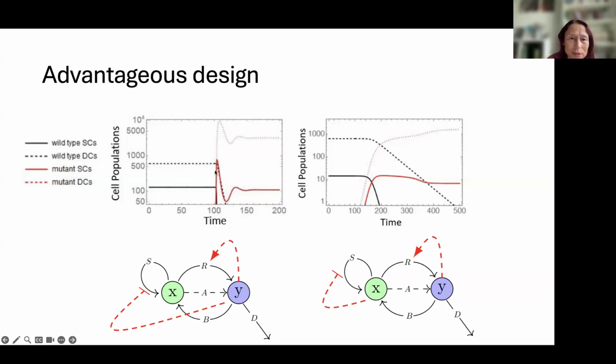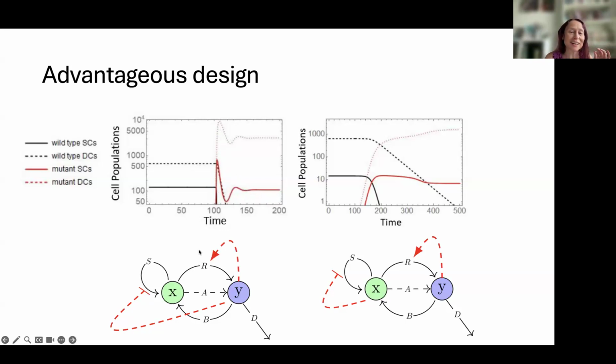And you can see that even the mutant will drive the normal cells away, okay? Now there are mutant cells. But you can see that things don't go to infinity, and that's good. And also, you can see that even though the number of differentiated cells increases, the number of stem cells decreases. You can't see it very well here, but it's actually less.